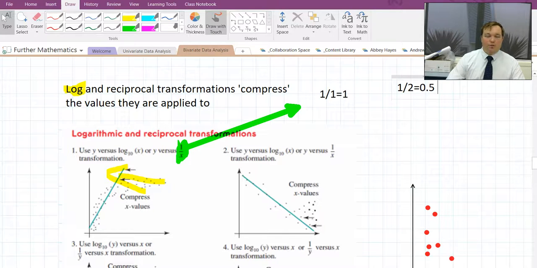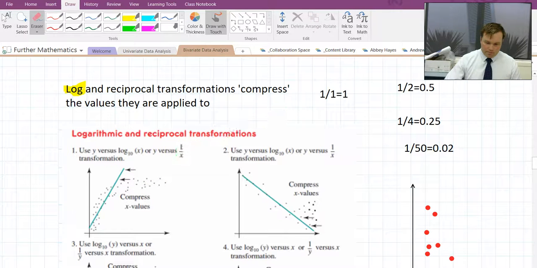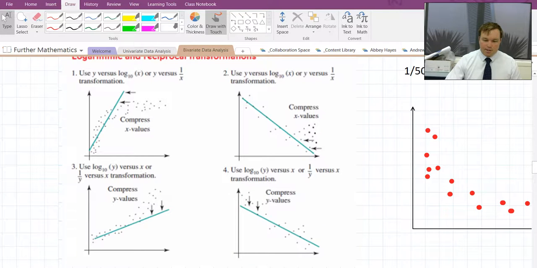So an x value of 2, when transformed, becomes a half. An x value of 4 becomes a quarter. An x value of 50 becomes 0.02. So taking reciprocal transformations shrinks it back, in the same way log transformations do. Compressing the x, compressing the y. Good things to know what your calculator is going to do.